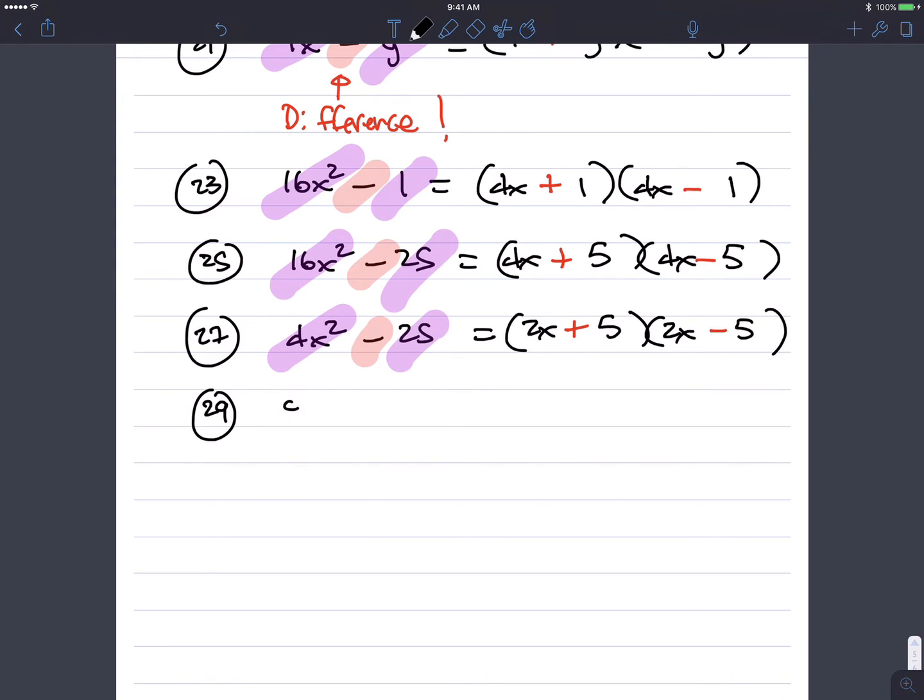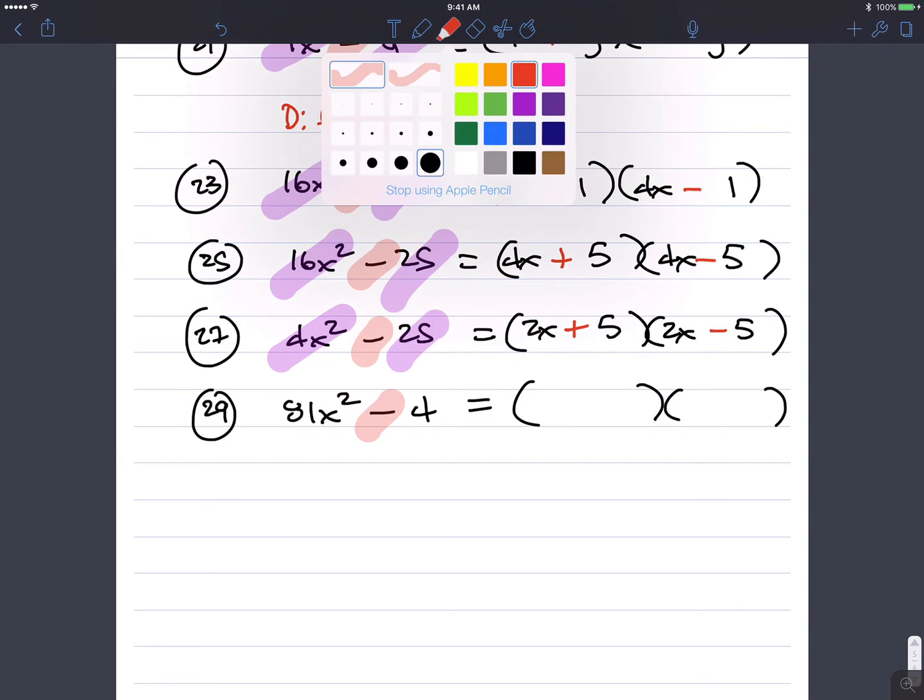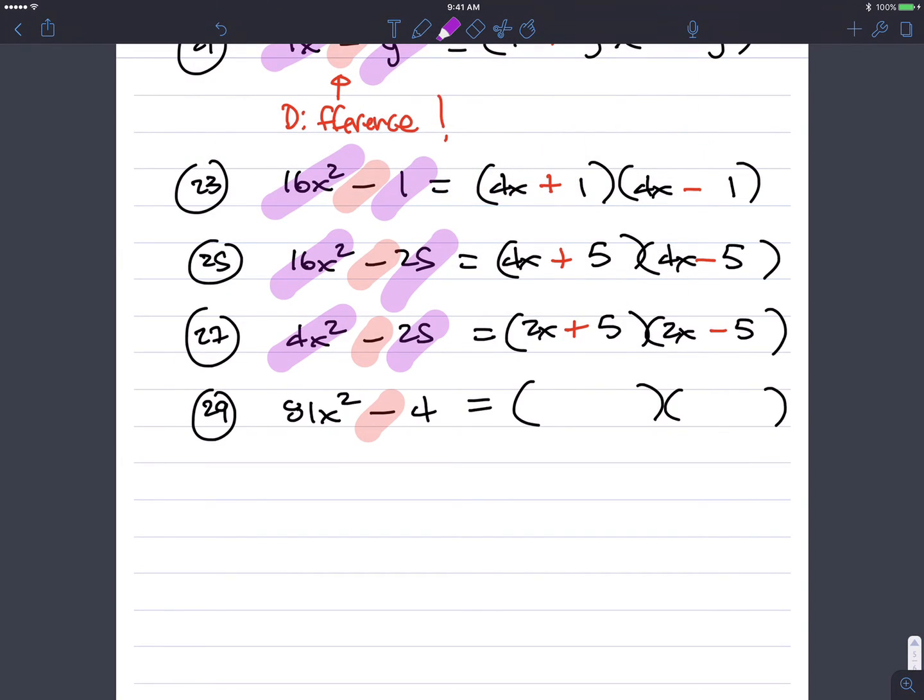29. What is this? 81x squared minus 4 here. Okay. Well, I'm willing to bet, first of all, I know I have a difference, but I'm also willing to bet 81x squared is a perfect square. Yes. So is 4. You say, how do I know?